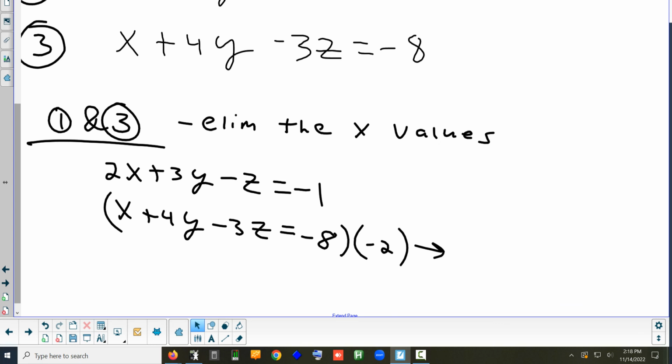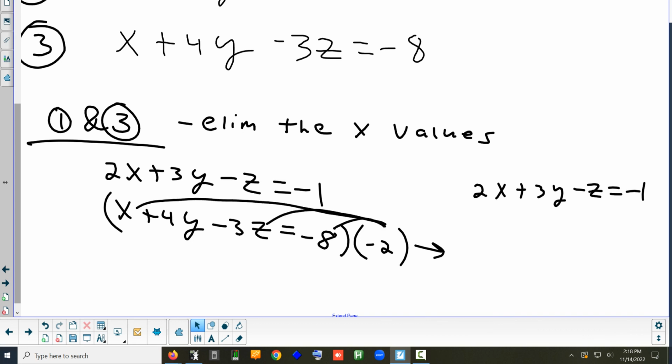Because I'm going to add things up in columns, I want my other equation on the top back over here. So I'm going to just write it down. 2x plus 3y minus z equals negative 1. And now multiply everything in the bottom by negative 2. So there are 4 things you need to multiply. Jackson, what's negative 2 times x? Negative 2x. Good.